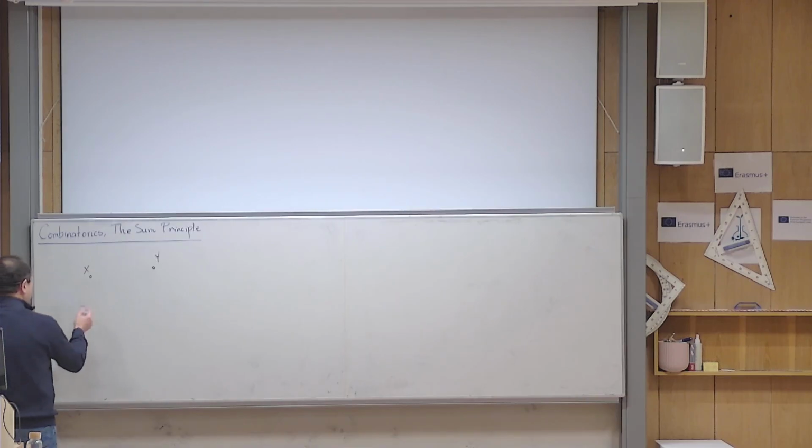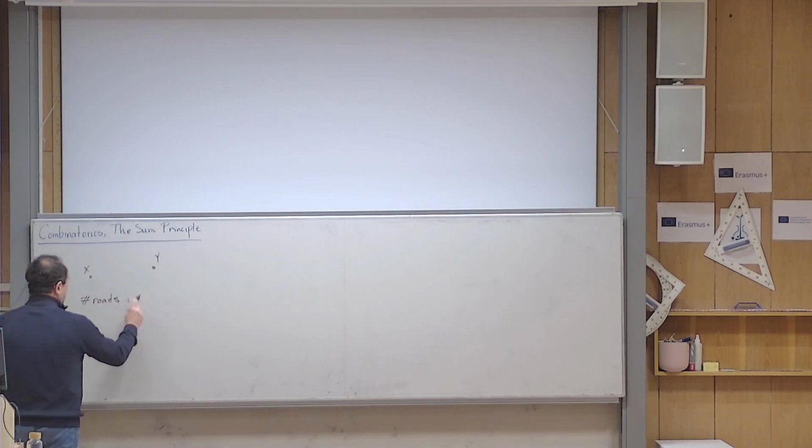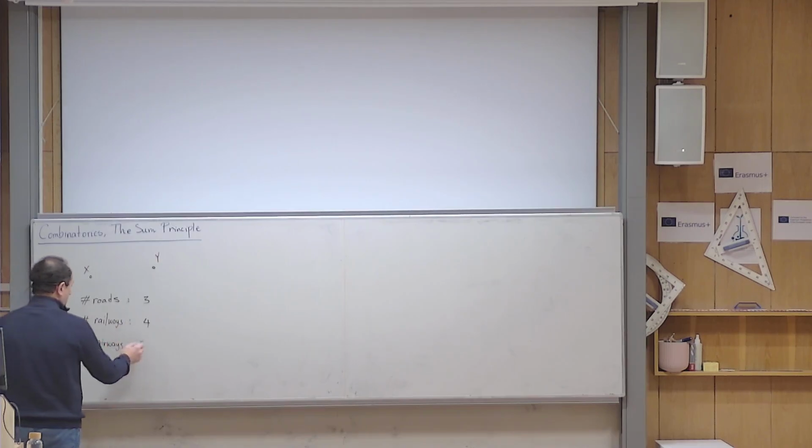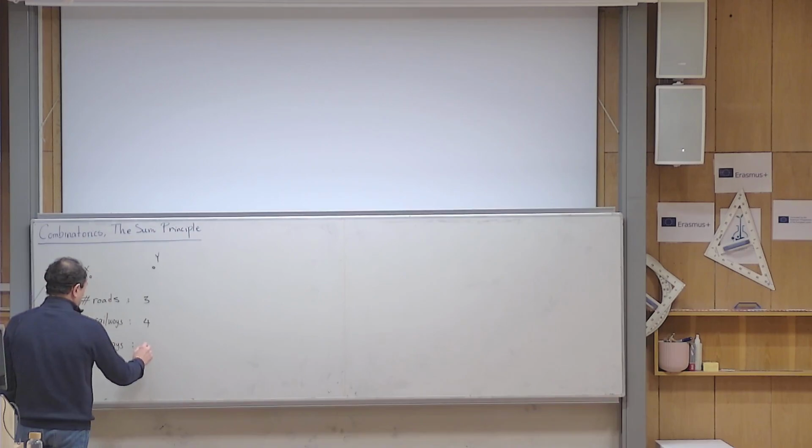So let us say I have 3 roads, the number of roads is 3. Let us say that there are railways also, say 4, and let us say that I have 2 airways, something like that.